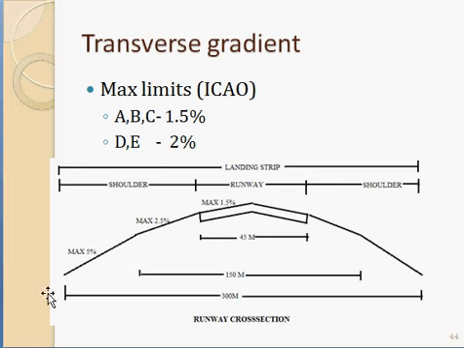Then if you are taking shoulders, you can provide maximum 2.5 percentage up to a length of 75 meter from runway center line, and maximum of 5 percentage up to a length of 150 meters from the runway center line. So these are the maximum limits for transverse gradient.